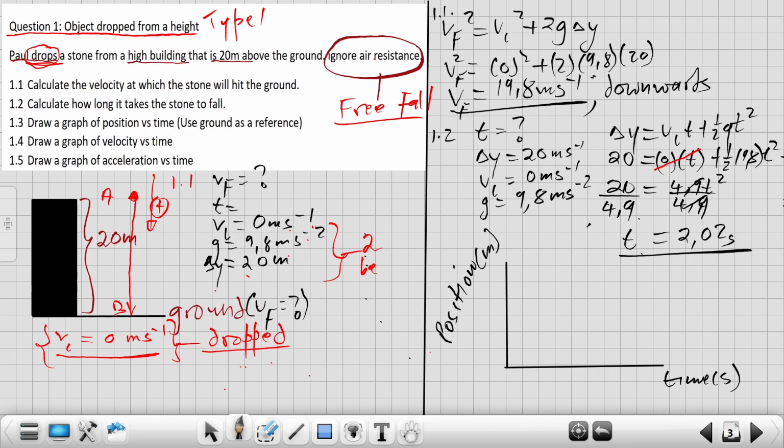But I know that my object started now at 20 meters. And how long did it take the stone to hit the ground? It took the stone something like 2.02 seconds to hit the ground. So what it did, it fell now to the ground.